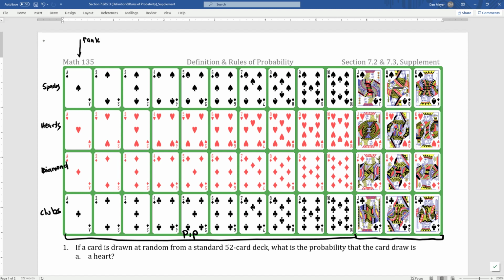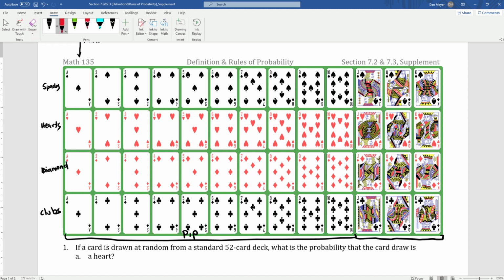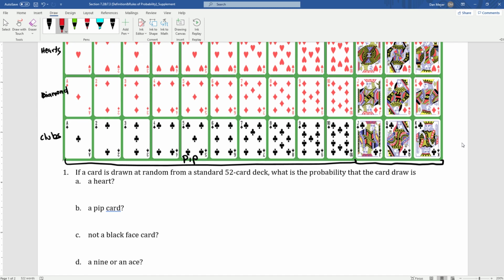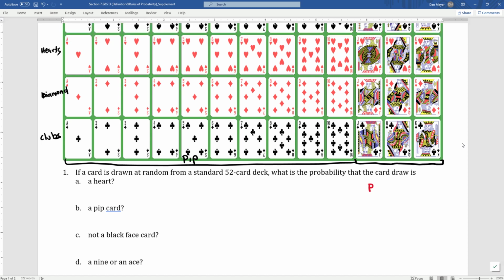All right, so in this first question, we're going to be using, I guess you could think about it as empirical probability, or relative frequency, but it's really not. We're using the probability of an event is the number of ways for the event to happen divided by the number of things in the sample space.